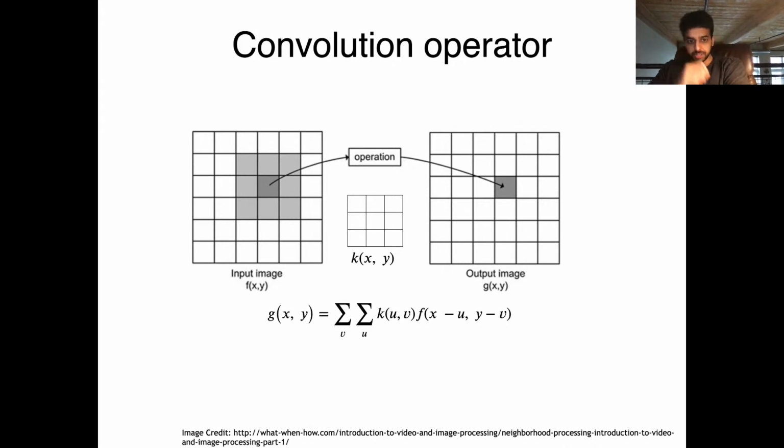But the convolution at its core is very simple. We start with this kernel. It's like a small matrix, also sometimes called a filter. So that's this K here. And what we're going to do is take this filter and slide it across every part of the image. In this example, my filter is centered at this particular gray square.